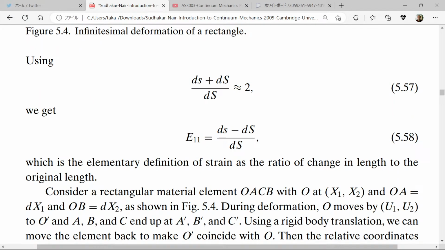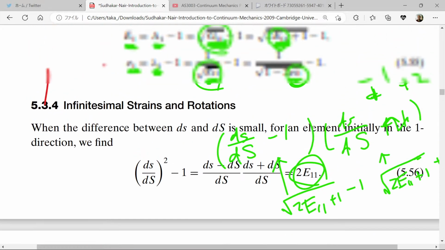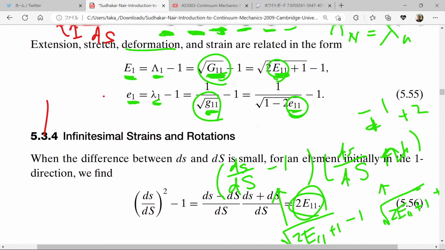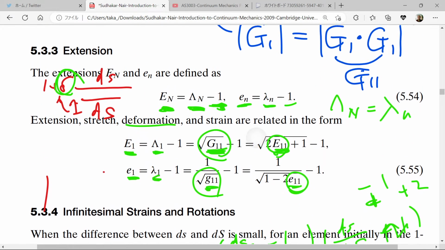Extension is d small s minus d large s divided by d large s, which is the elementary definition of strain as the ratio of, this is not a stretch. Is this stretch or extension?